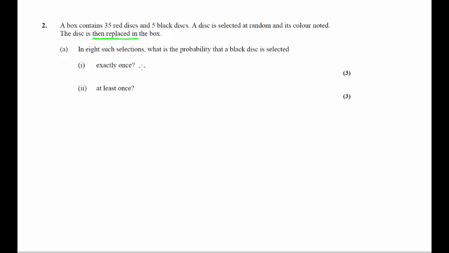What's the probability that it happens once? And so what we're saying is, what's the probability that the event X, the chance of getting a black disc, is exactly one time when we have 8 trials. We want this to happen once, and the probability of it being black when we put our hand in the box is 5/40ths.